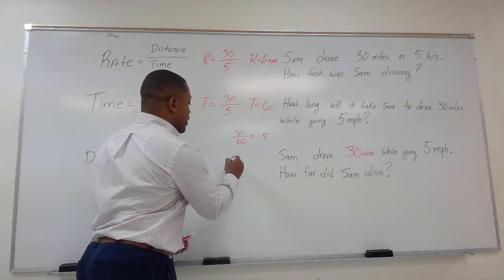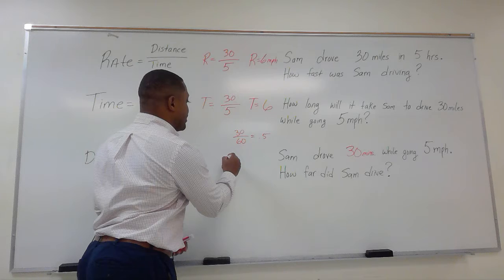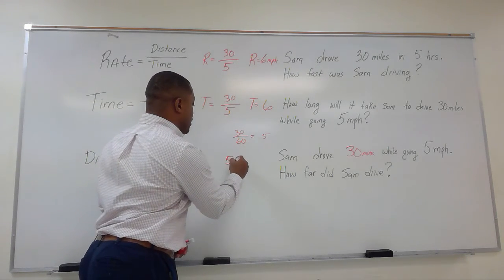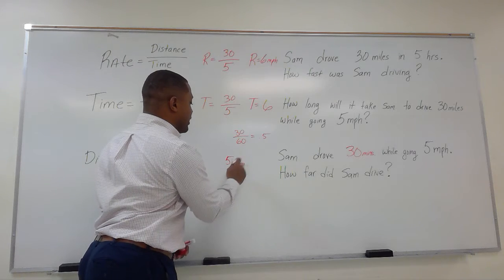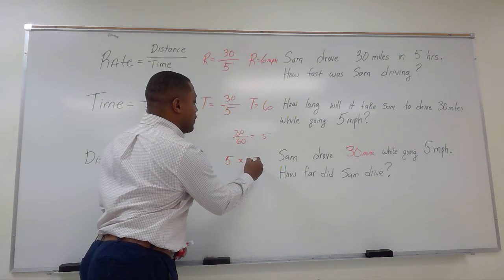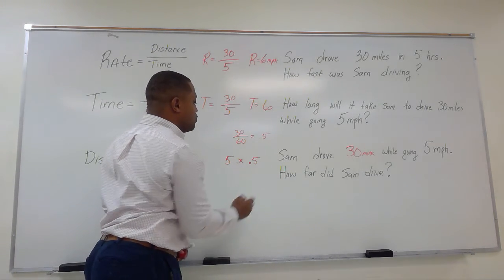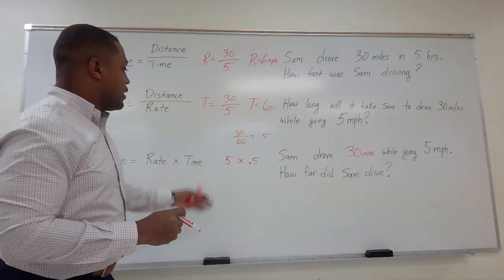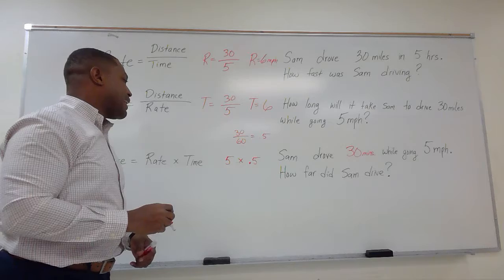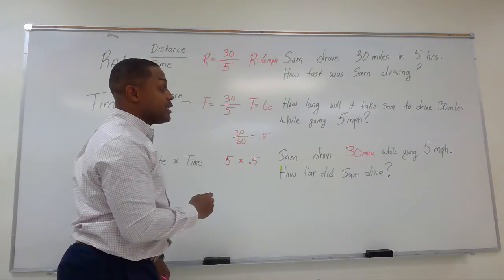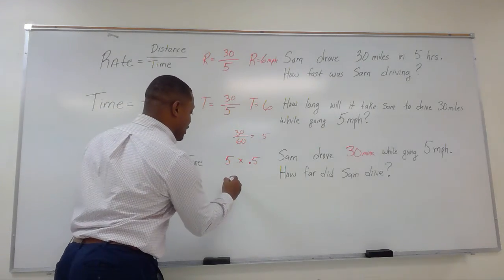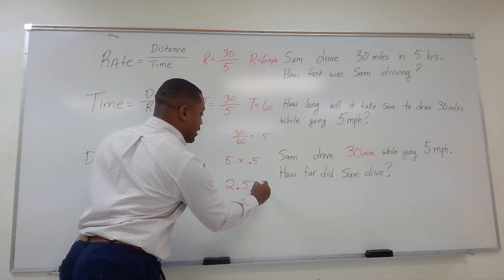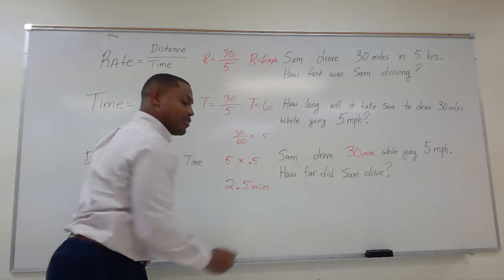Now we would have the rate, 5 miles per hour, times the amount of time, which is 0.5 hours. And then we would work that out, and it would let us know that Sam drove 2.5 miles.